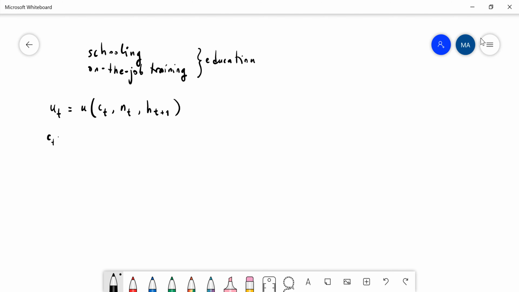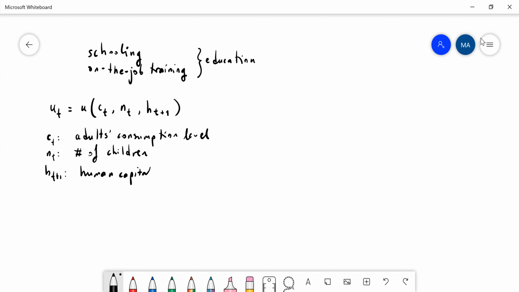Consumption will be the adults' consumption level, and N_t is the number of children, and H_{t+1} is the human capital of each child.